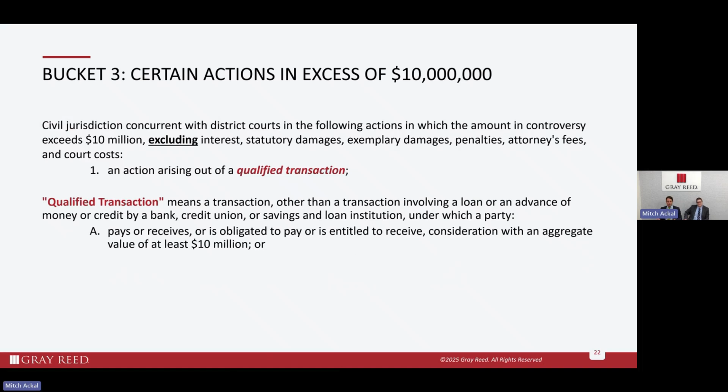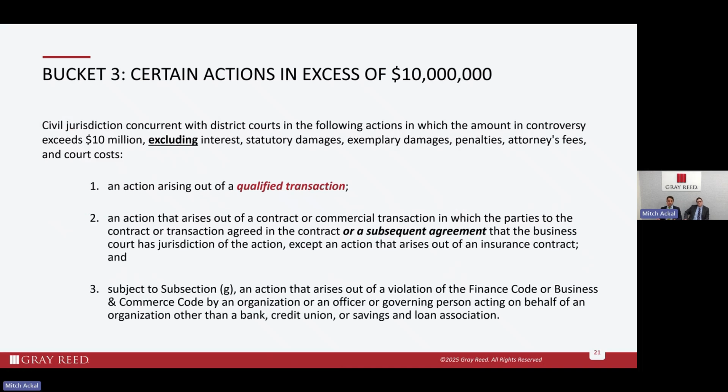Let me go back real quick, because I said I wanted to talk about number 2 here. This is really interesting. Independent from a qualified transaction, you have damages in excess of 10 million, and you have a contract where the parties agree that we can go to business court, or a subsequent agreement.